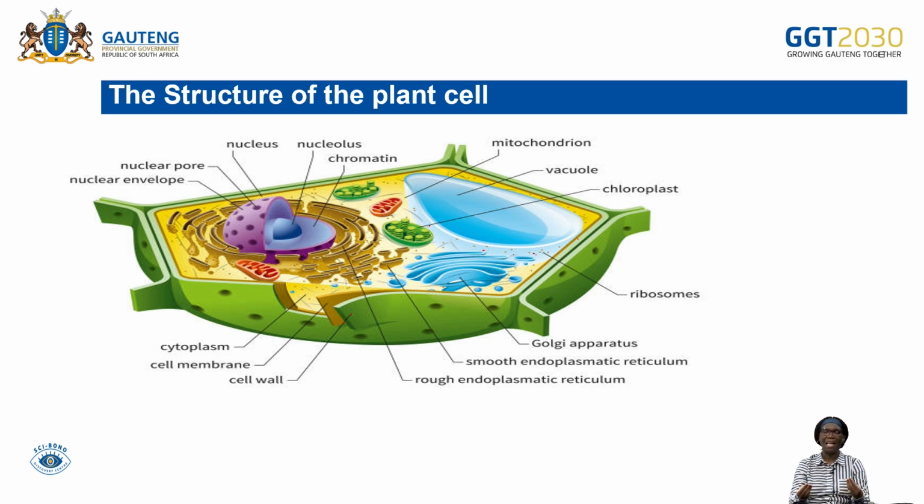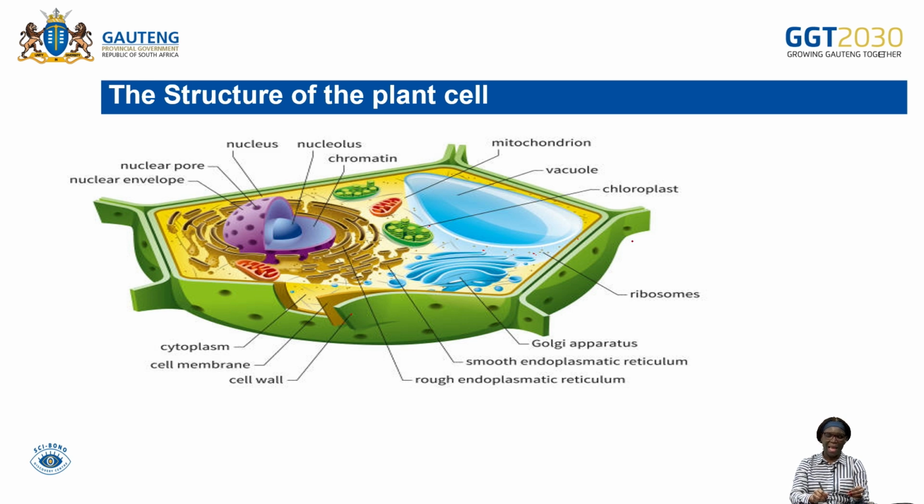Photosynthesis is a process that occurs in plant cells, but where specifically in plant cells? Now, let's have a look at the structure of the plant cell and understand different organelles within the plant cell and their functions.